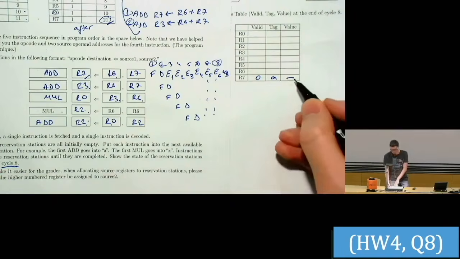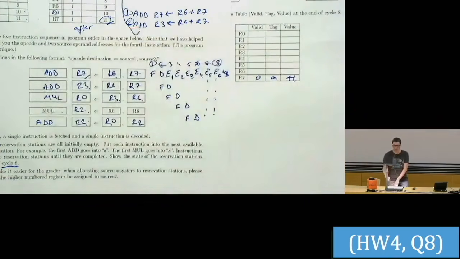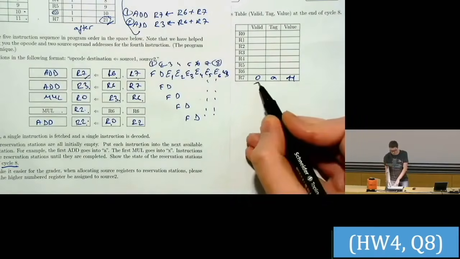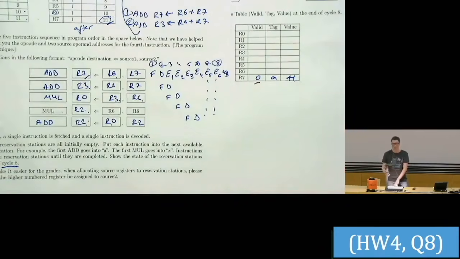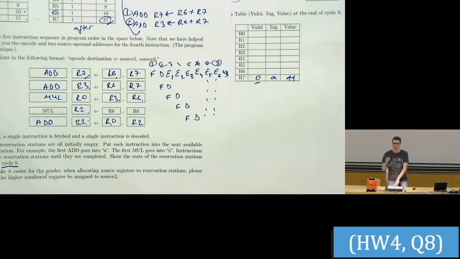Or you can preserve the existing value, right? So we can just write here 11. But it is really a don't care value because we know that it is not valid because of the 0 here. Okay, so it is both fine to write nothing here or just to keep 11, the previous value.